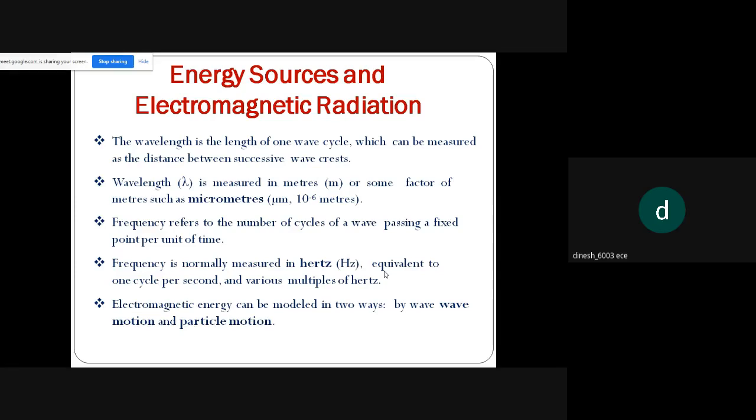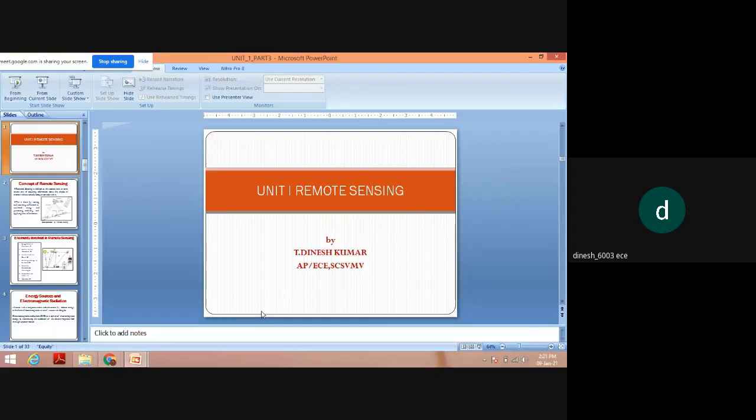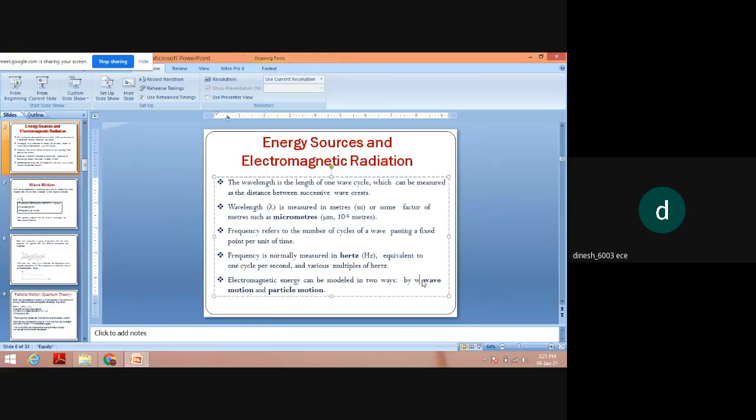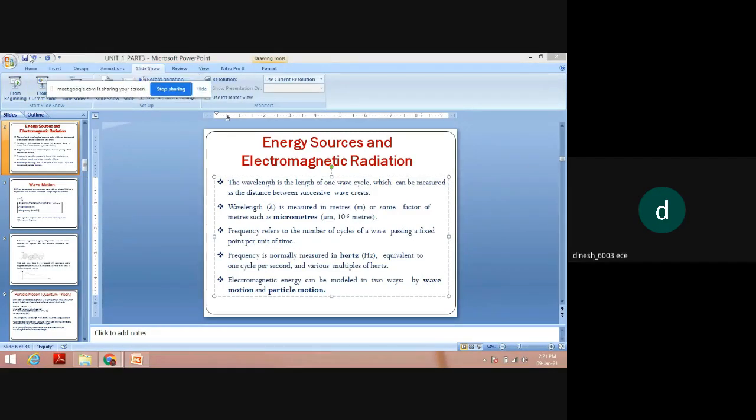So the electromagnetic energy can be modeled in two ways. One is wave motion, another one is particle motion. The wave motion corresponds to your wave theory, and the particle motion corresponds to your quantum theory.